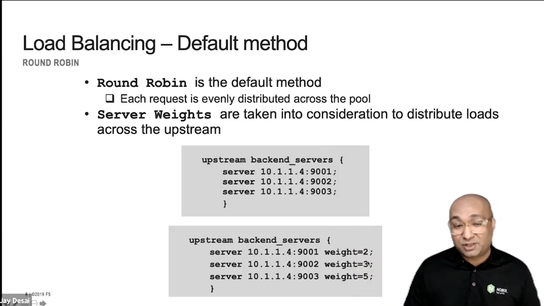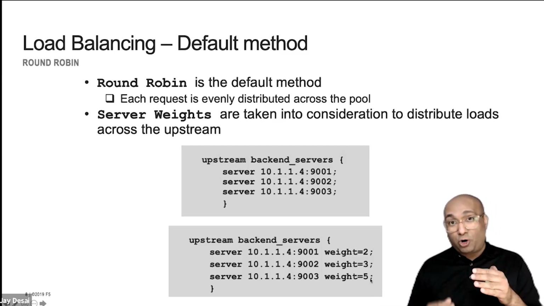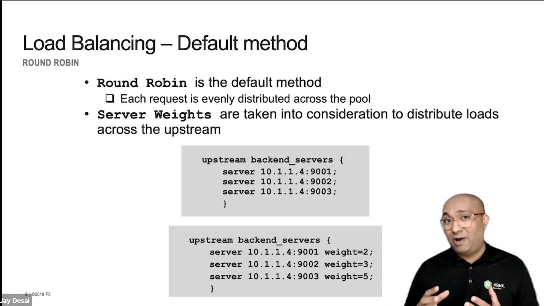In this case, 5 plus 3 plus 2, so a total of 10 units. So 2 of the total 10 possible requests are routed to server number 1, backend 1, or port 9001. 3 of the total 10 are routed to 9002, and 5 of the total 10 are routed to application number 3. These requests are distributed across these servers in a random fashion.